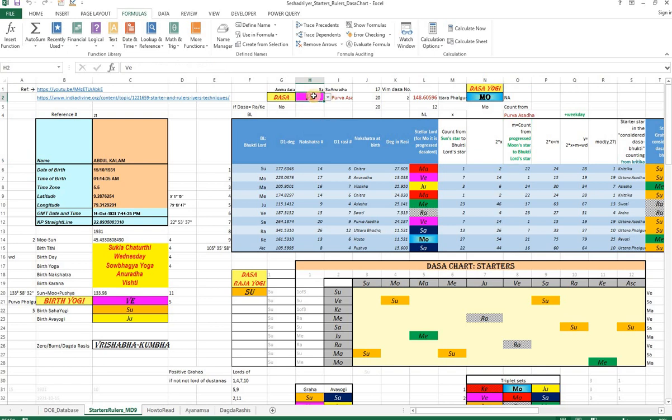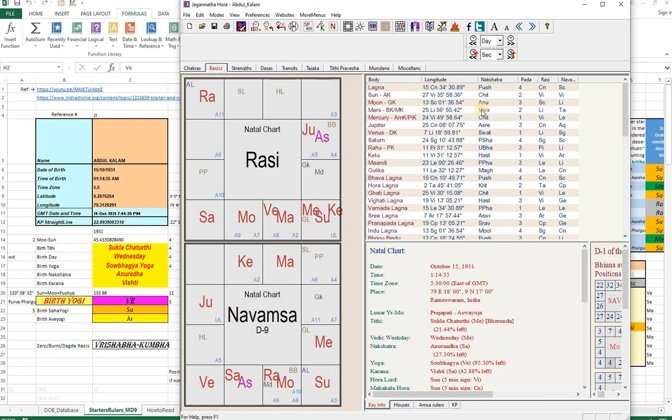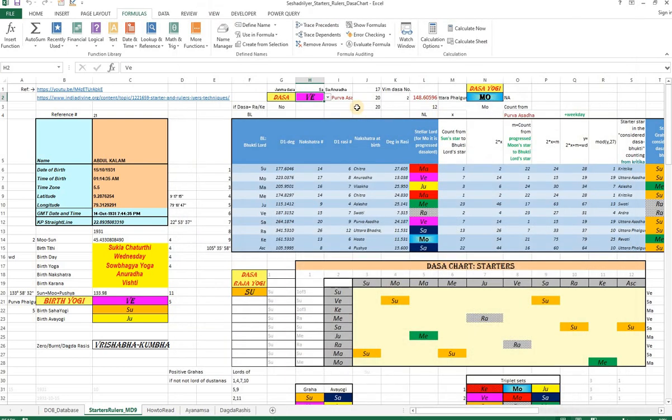If you choose Venus dasha, since he was born in Anuradha star, that means Saturn dasha would have started initially. Then it will slowly progress. Next would be Jyeshtha, which would be Mercury dasha. Then it would be Mula, which would be Ketu dasha, and so on and so forth.